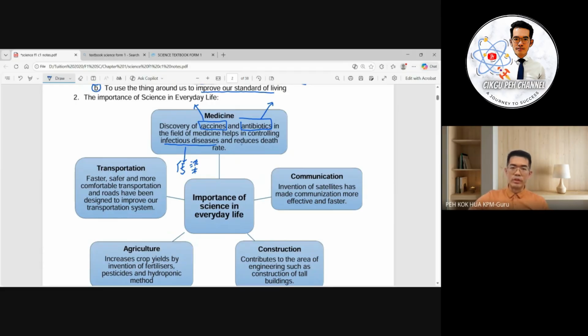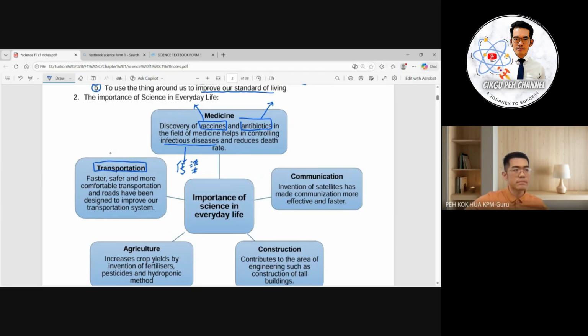Okay, so and reduce the death rate. So these are two importance of the medicine for us now. First, we can control infectious diseases by using the vaccine and antibiotic, right? 抗生素 antibiotic.